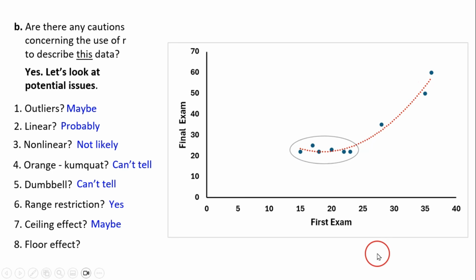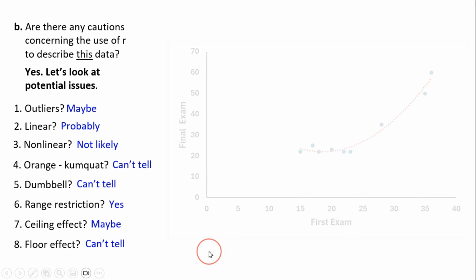But that's an example of the floor effect. And so we can't really tell, but I would probably say that wouldn't be the case. If anything, it looks like the exam, particularly the final, might be a little too easy, or even both tests were fairly easy.